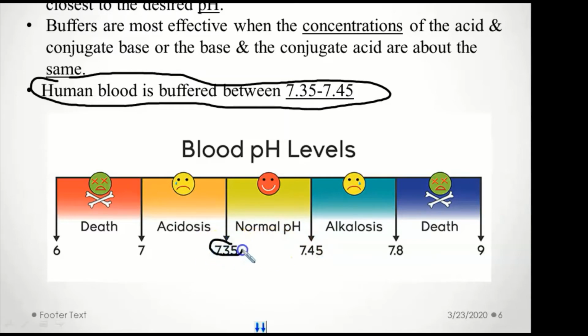If we go lower than 7.35, that is what's known as acidosis. Anything higher than 7.45 is called alkalosis. Those are really important terms in the medical community. Alkalosis is above 7.45 in the blood, and below 7.35 would be acidosis. So I would like you to know that as well.